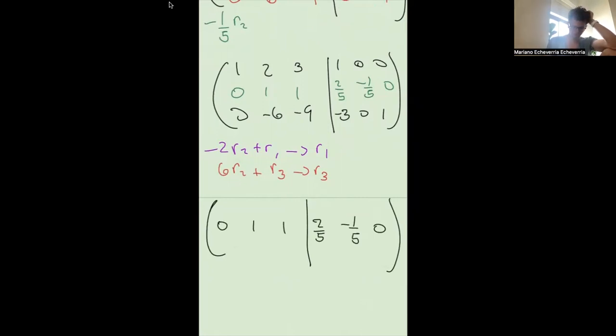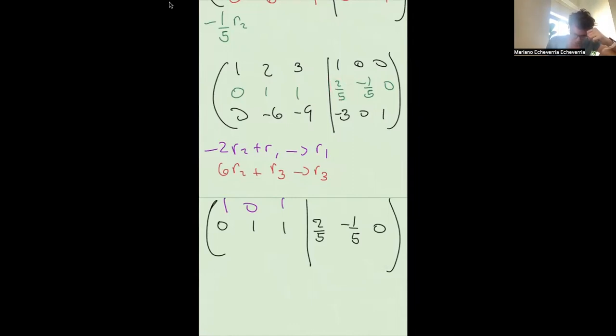Okay. So it's -2 row 2. So this gives you 0. And then this one is -2. -2 with 3 is 1. Then -2.